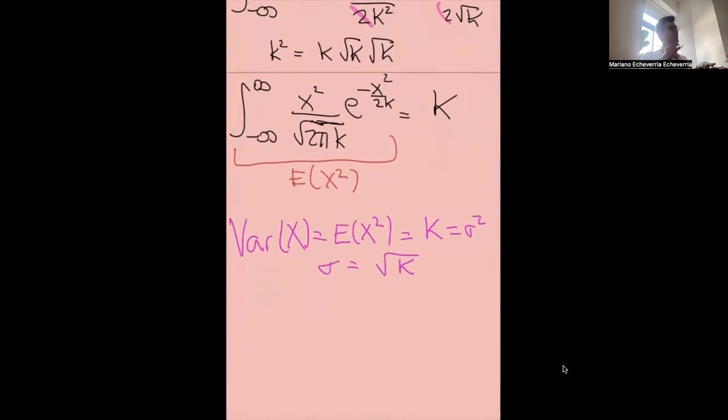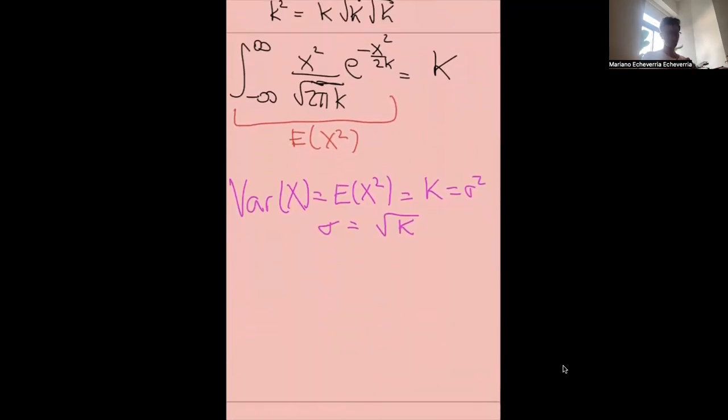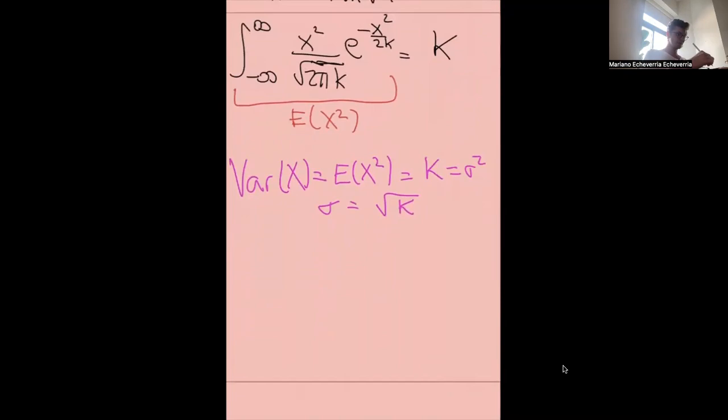That's sometimes how people write the normal distribution: in terms of sigma, the formula is 1 over root of 2 pi sigma, e to the minus x squared over 2k, where 2k is 2 sigma squared. That's another common way of writing the normal distribution.